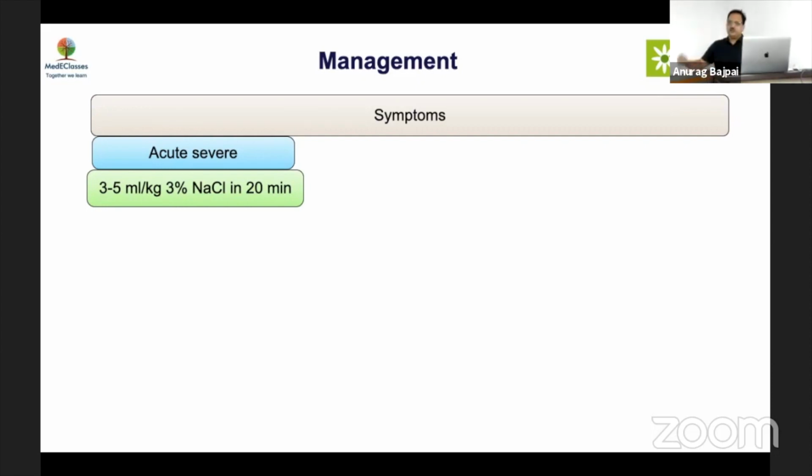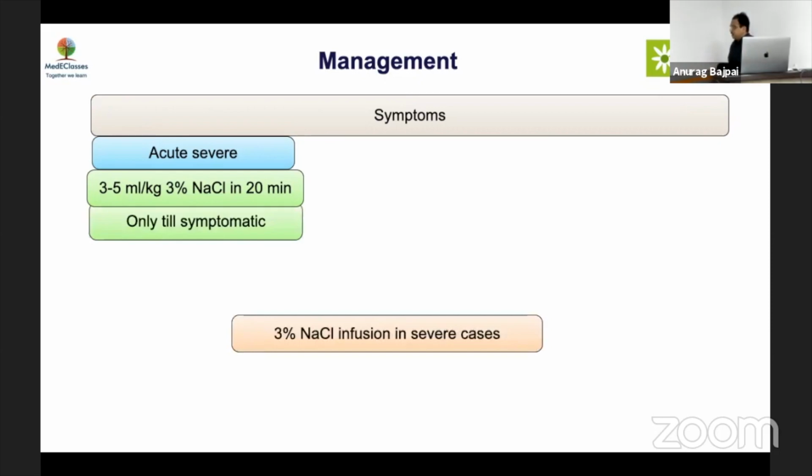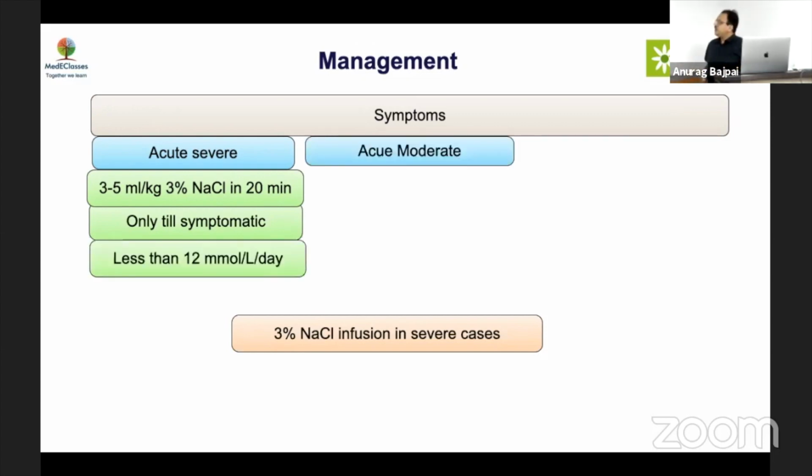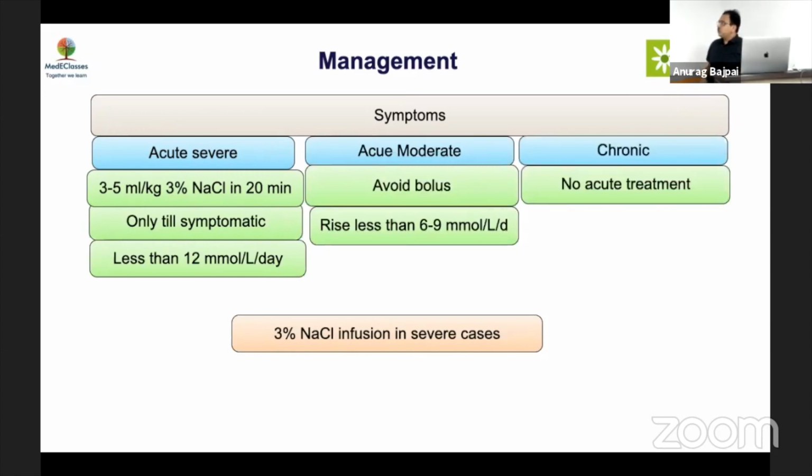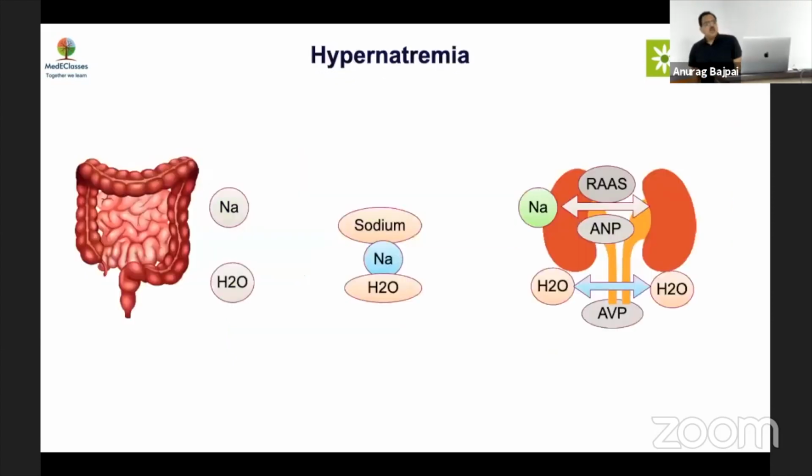Otherwise, no role of 3% saline. And only until symptomatic, do not correct the sodium to a normal level. Just 3 to 5 is good enough to correct. If it is acute moderate, you avoid a bolus. Then you rise less than 6 to 9. If it's chronic, no acute treatment. Do not give 3% saline. You will kill the patient, particularly if there is a liver disease or something like that.